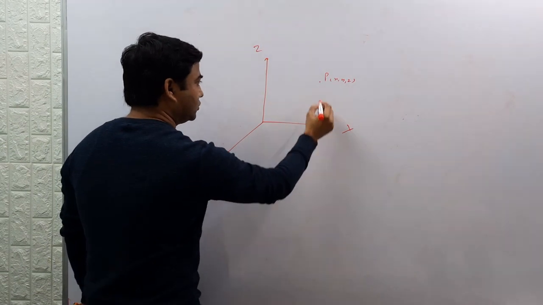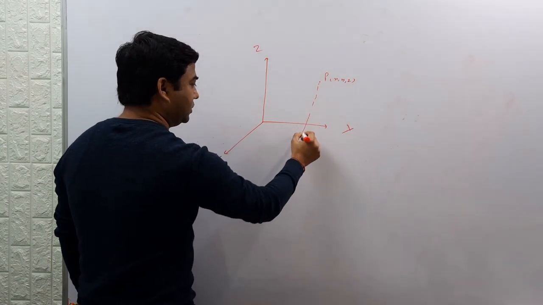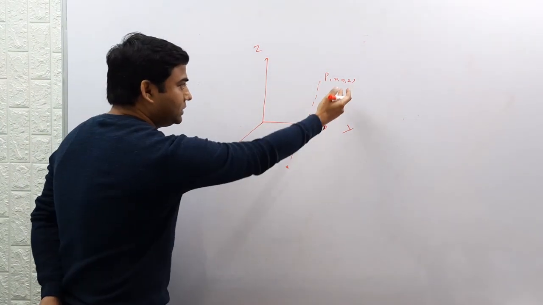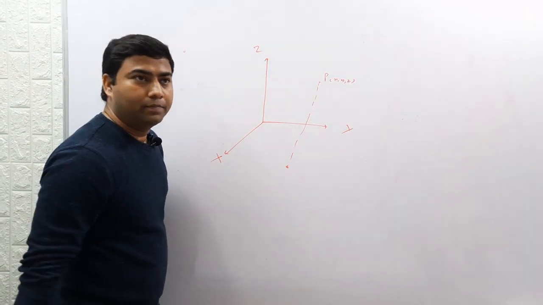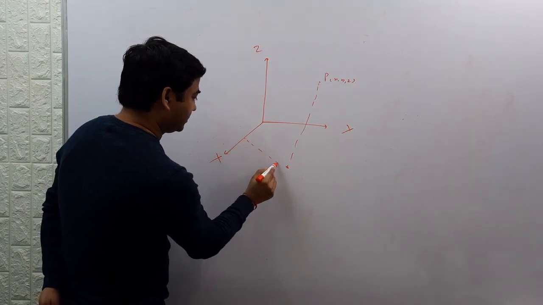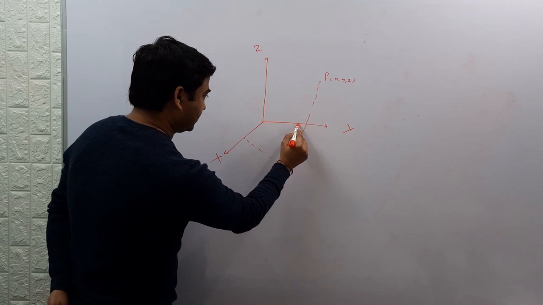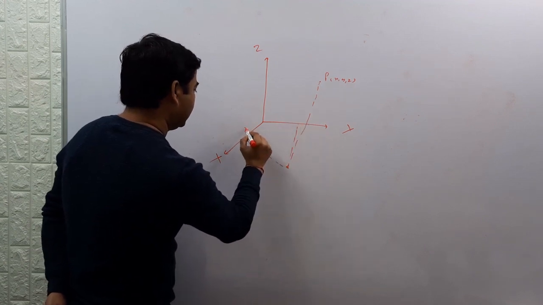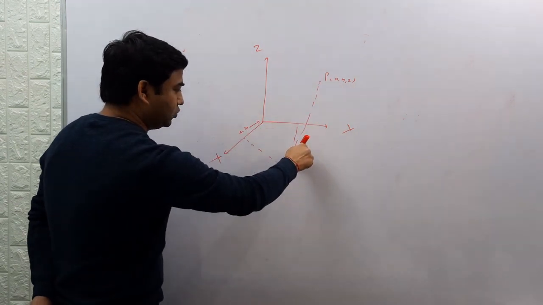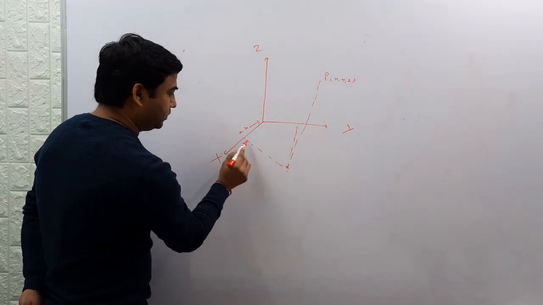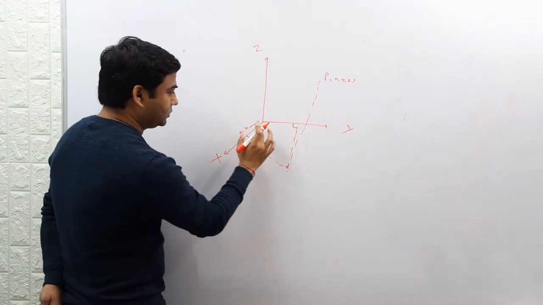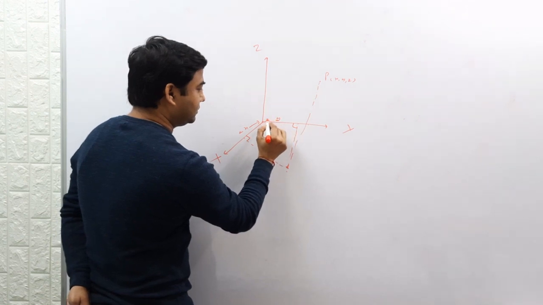I, J, K are unit vectors. Let us draw a perpendicular on the xy plane. By the definition of the Cartesian coordinate system, this distance will be x. We have drawn a perpendicular from P to the xy plane, and from the xy plane perpendiculars on the x and y axes. This distance will be x and this distance will be y.